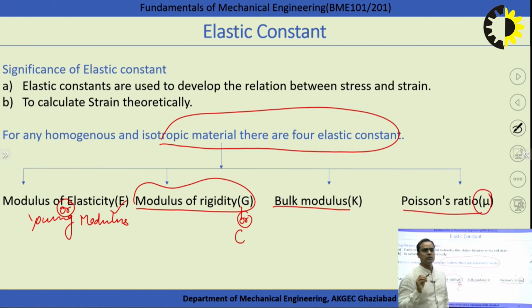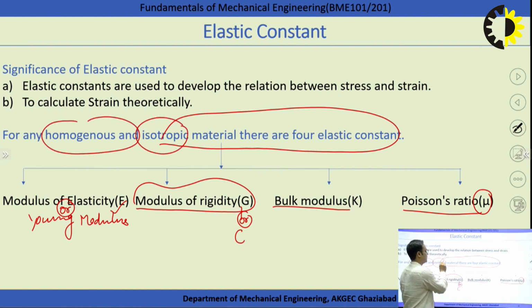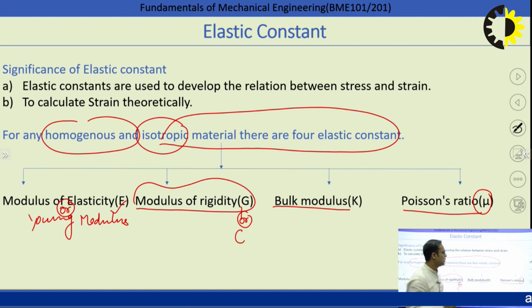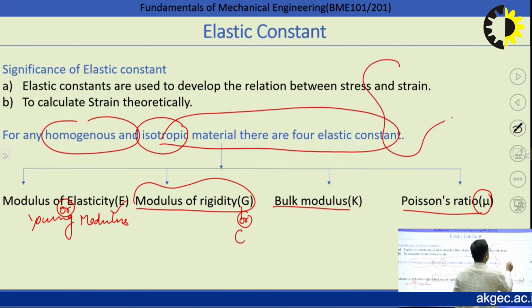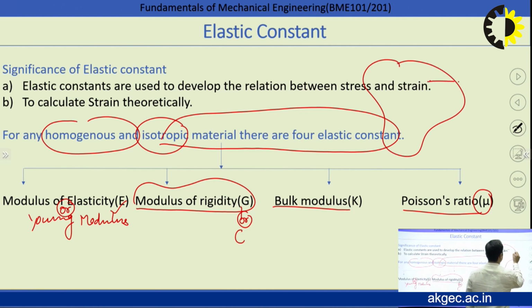The meaning of homogeneous and isotropic is that a material is said to be homogeneous and isotropic if it exhibits all material properties the same at each and every point and in every direction. Whatever material constant we choose with respect to point and direction, all must be the same.